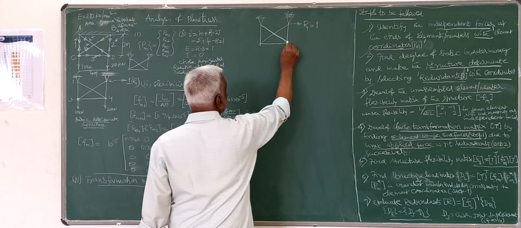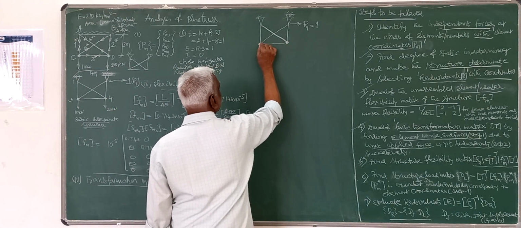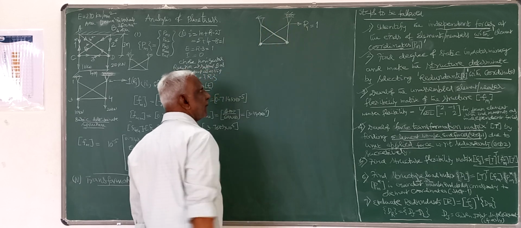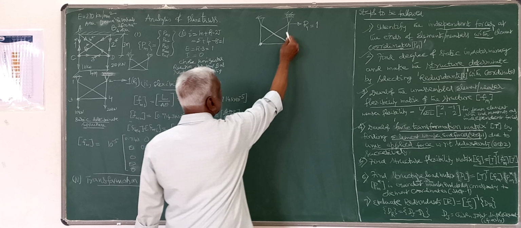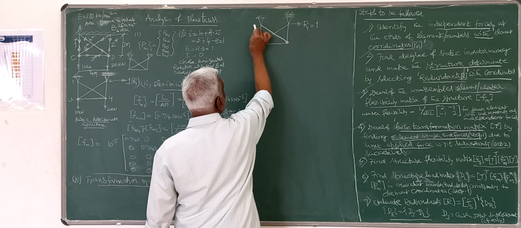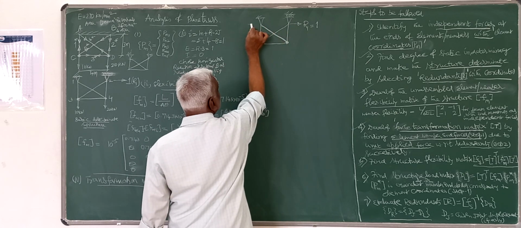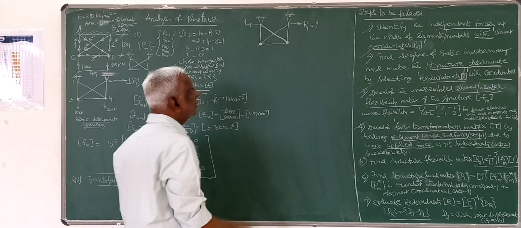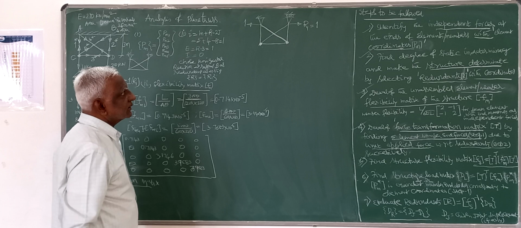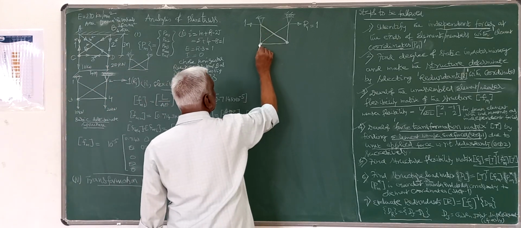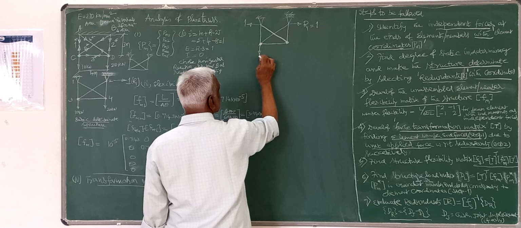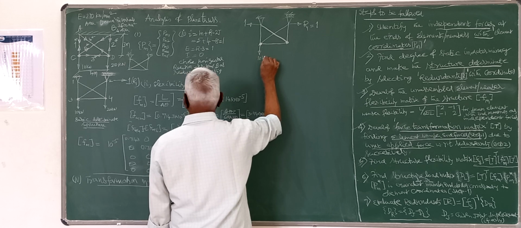And do the analysis of the truss. So you determine the forces in all the members. For finding out the member forces, this truss has to be in equilibrium. So sigma H equals 0, there must be a horizontal reaction there, and the given loading, of course, is 10 kilonewtons.